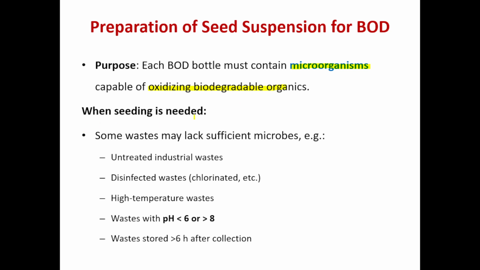Seeding is needed when wastewater samples lack sufficient microbes. For example, untreated industrial water, disinfected waste, high temperature waste, waste with pH beyond 6 to 8, and waste stored for more than 6 hours after collection.